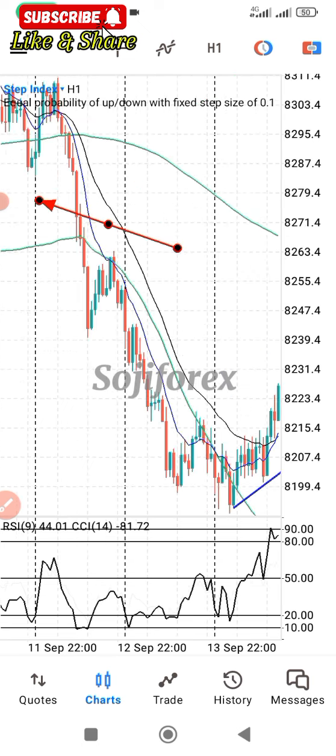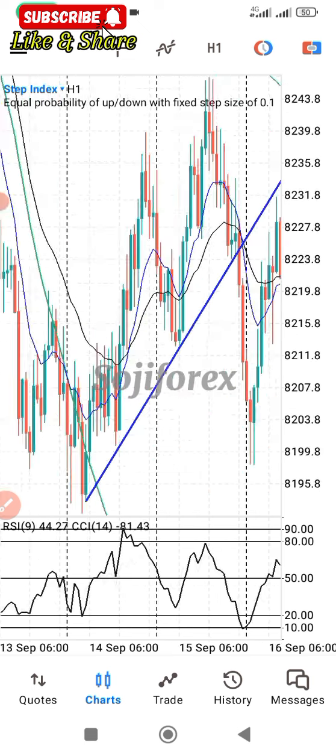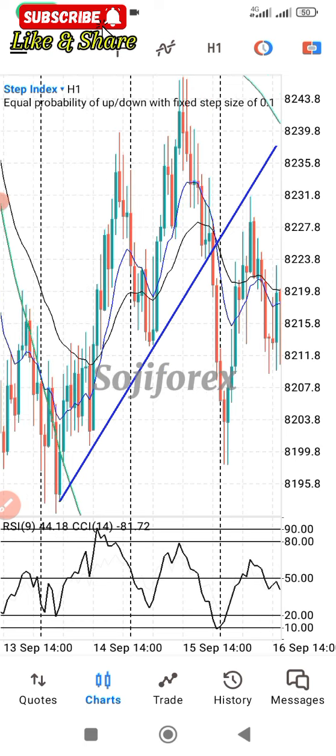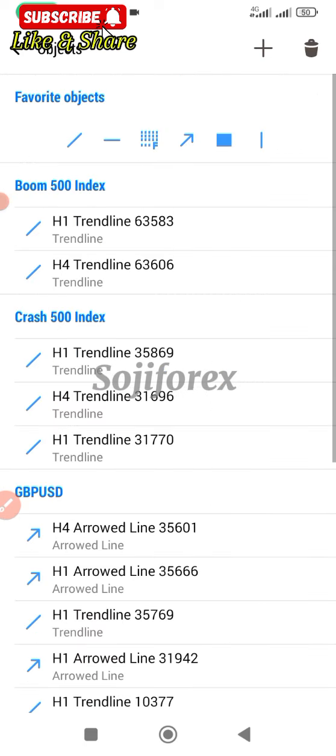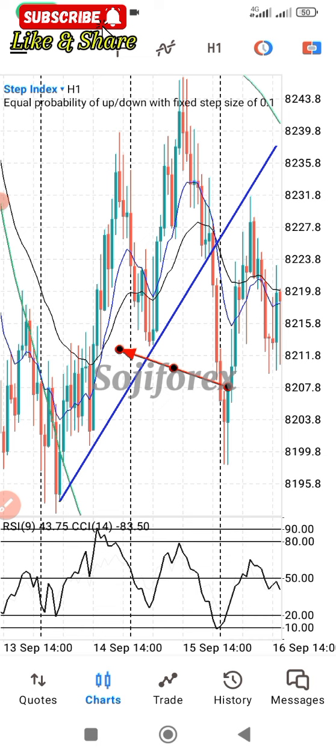But all the way to this point, do I have opportunity to sell? No, because I will need a pullback, and price has not presented that. So immediately I get to this point, here is my opportunity for me to sell. Look at what happened, price pulled back, and I know I'm in a downtrend.